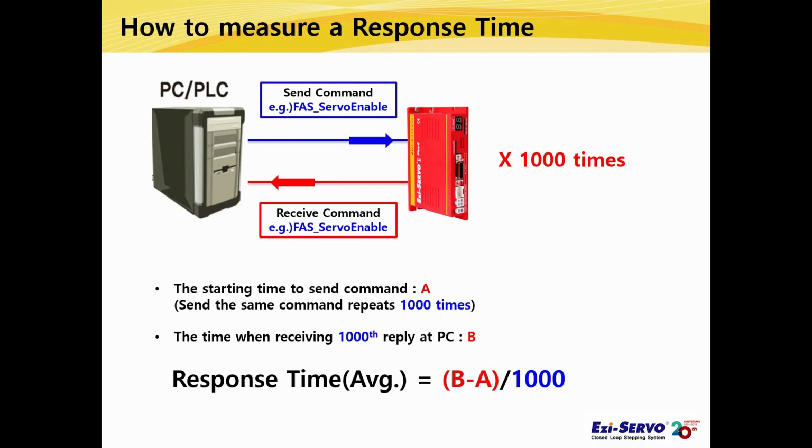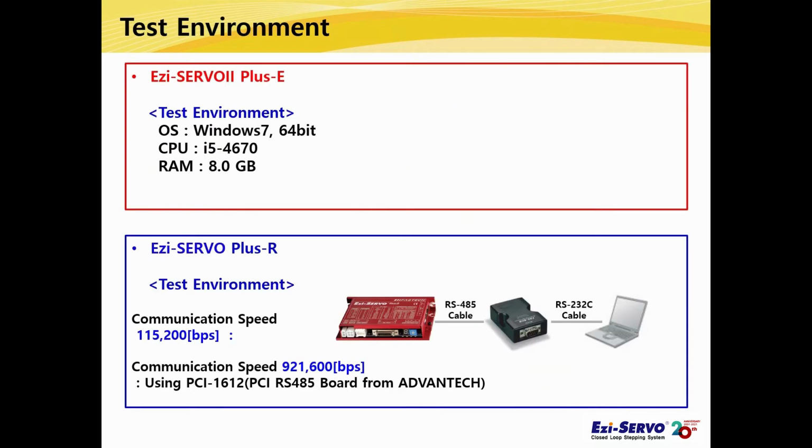And I will let you know the test environment. The test environment is like this. The response time of Ethernet network was measured under this environment, and in the case of Ezi-SERVO Plus-R, when the communication speed was 115,200 bps, it was measured by using FASTECH's FAS-RCR converter.